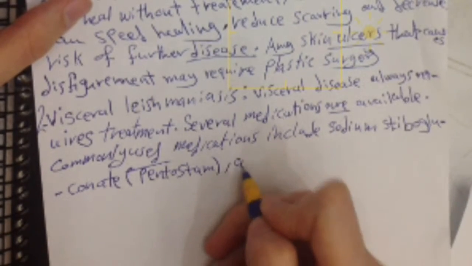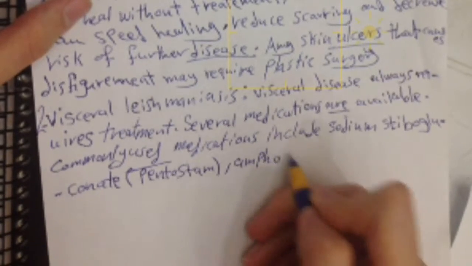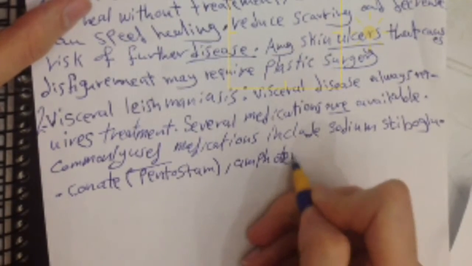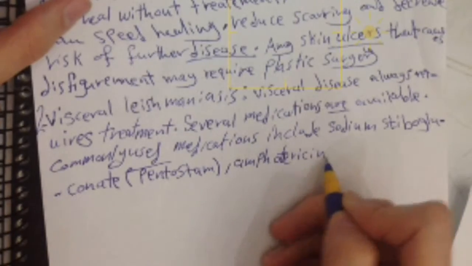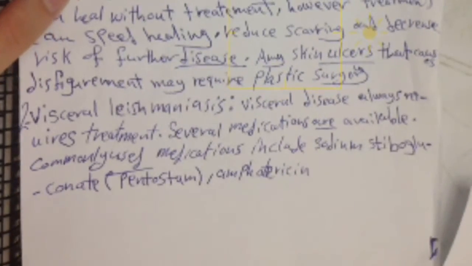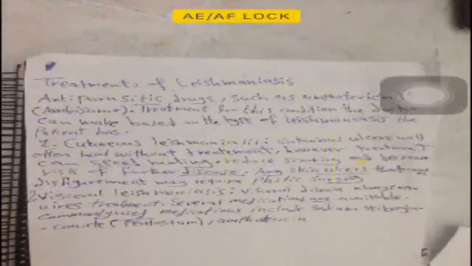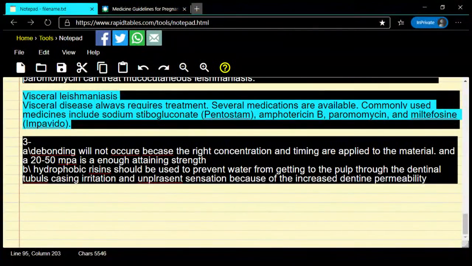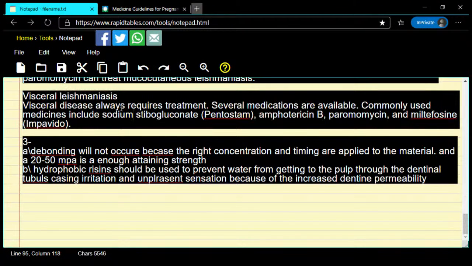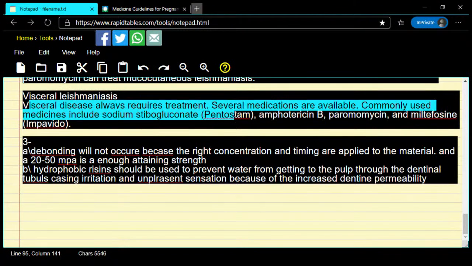Then there is amphotericin. This is, of course, talking about the visceral leishmania. Visceral disease will always require treatment.